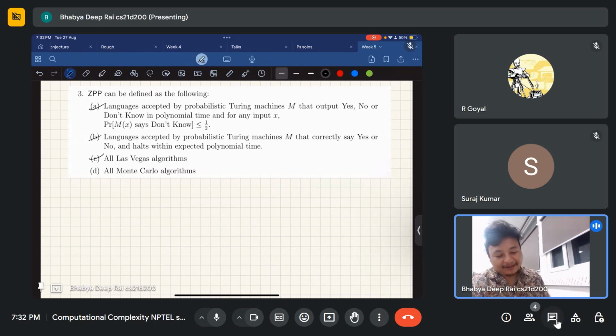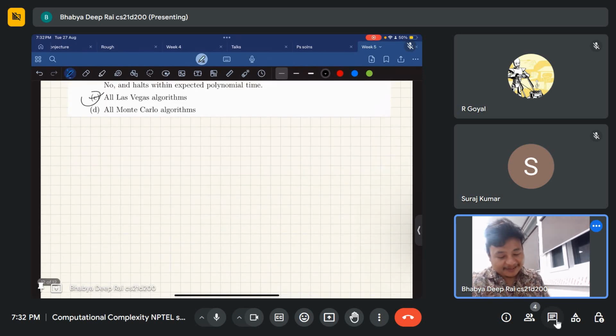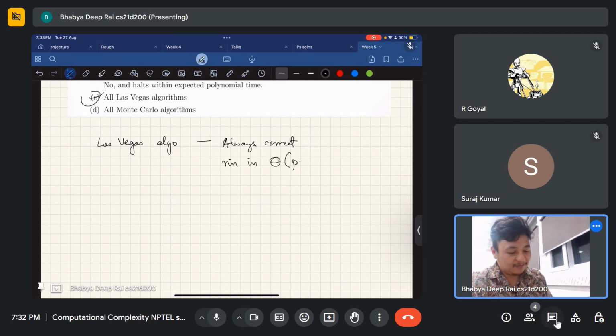Okay, C. So Las Vegas algorithms are those algorithms which are always correct and run in polynomial time, or in other words, on average polynomial time.